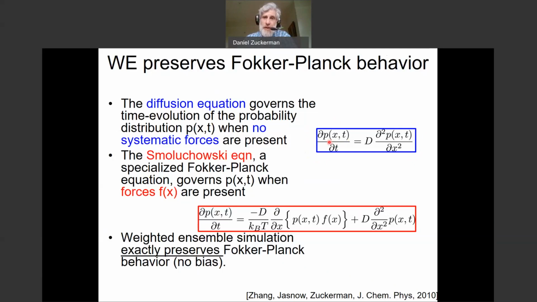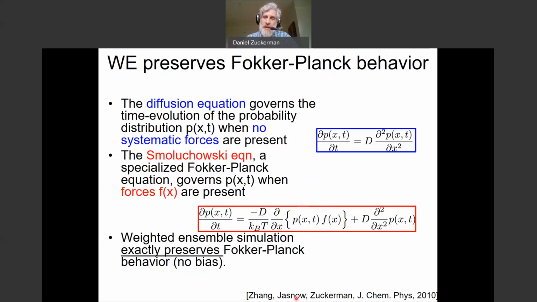If your probability distribution starts as a delta function, it's going to spread as a Gaussian over time, right? So if you did weighted ensemble for a simple diffusion process, you would exactly recapitulate that spreading Gaussian. But likewise, if you have a system where there's a force, where f of x is a force, so the negative gradient of the potential, then it obeys a slightly more complicated equation where there's an additional term depending on the force, and this governs how the distribution of the probability in this system will evolve in time, and weighted ensemble exactly obeys that.